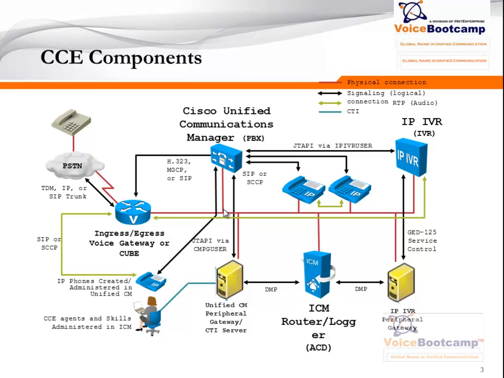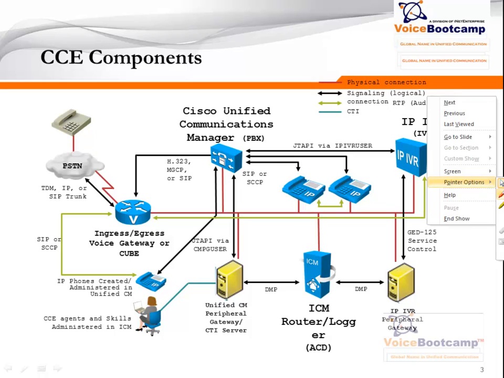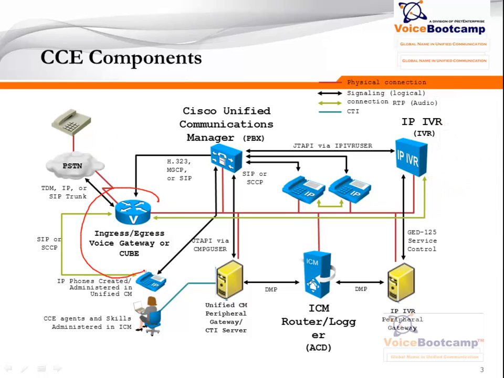Here's an example of a voice gateway receiving calls from a service provider or PSTN and sending calls to the internal network. This particular voice gateway is considered to be either an egress or ingress gateway. It is connected to a service provider using TDM connectivity such as T1 or E1, or, in the latest technology, most companies are starting to move into SIP trunking.